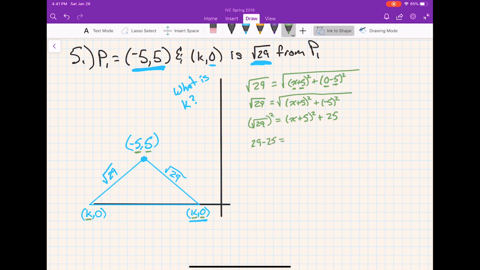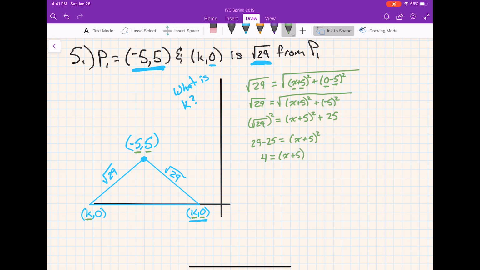We'll move that 25 over. And then we're still going to have the quantity x plus 5 squared. Well, if we take 29 minus 25, we're going to get 4. And we've got a perfect square over here, so it's going to be x.